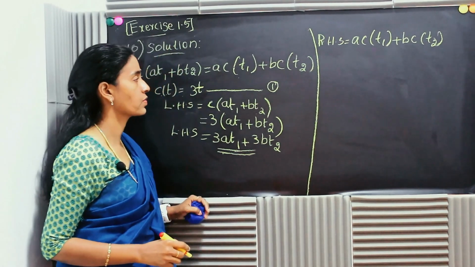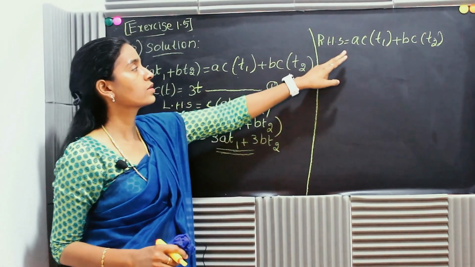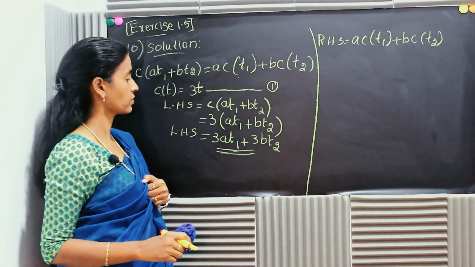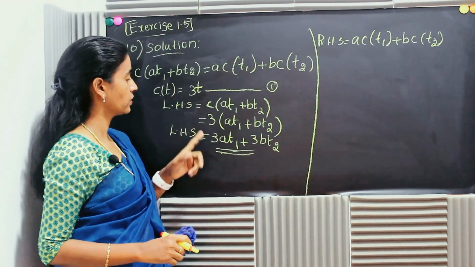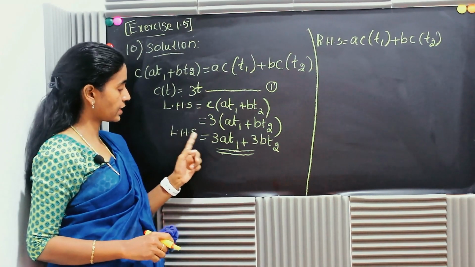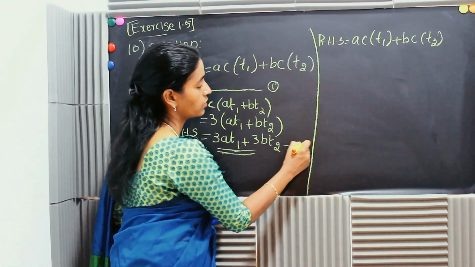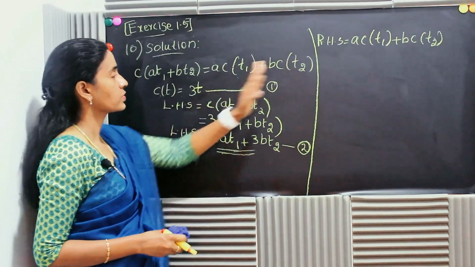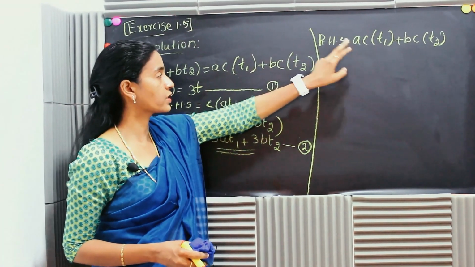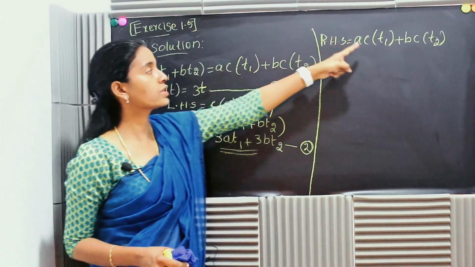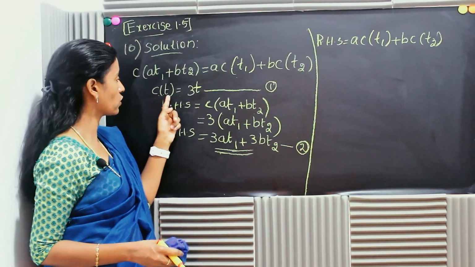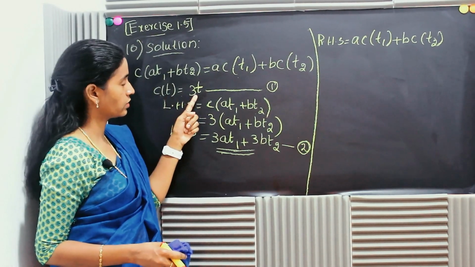And again, we should compare this equation with this equation. Before that, we can mark this LHS answer as equation number 2. Now, for our RHS simplification, we should compare this with this. Here, we are having C of t equal 3t.